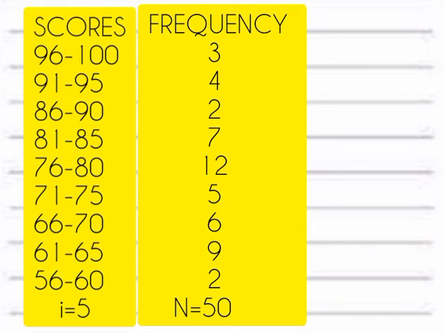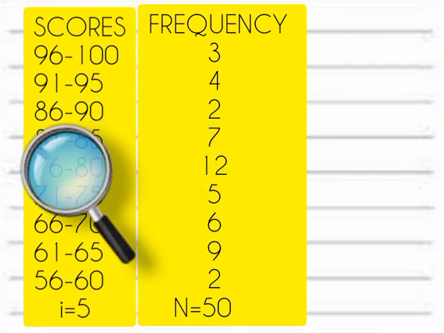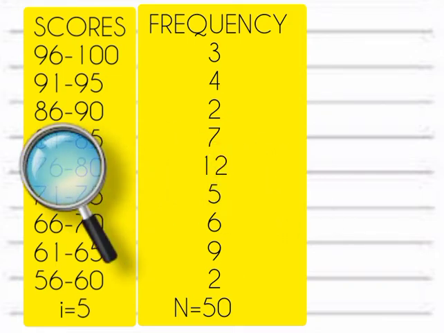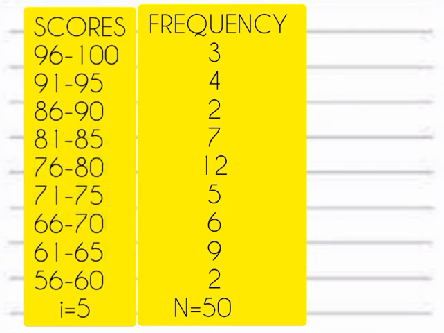Next, determine the modal class. Based on this table, our modal class is 76 to 80. It's because the frequency is 12, which is the highest of the frequencies. Therefore, 76 to 80 is what we call the modal class.